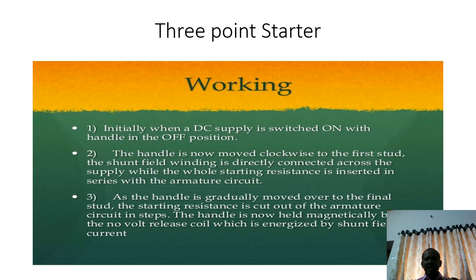As the handle is gradually moved to the final stud, the starting resistance is cut out of the armature circuit in steps. The handle is then held magnetically by the no volt release coil, which is energized by a small field current.